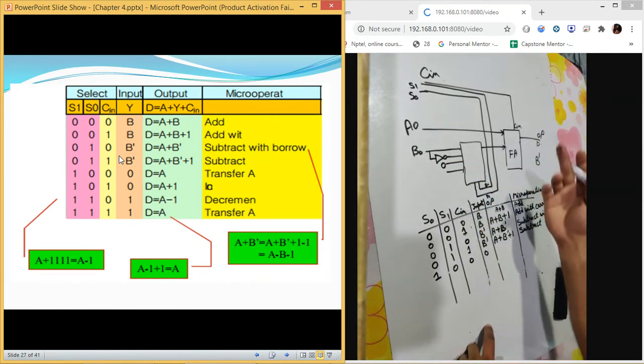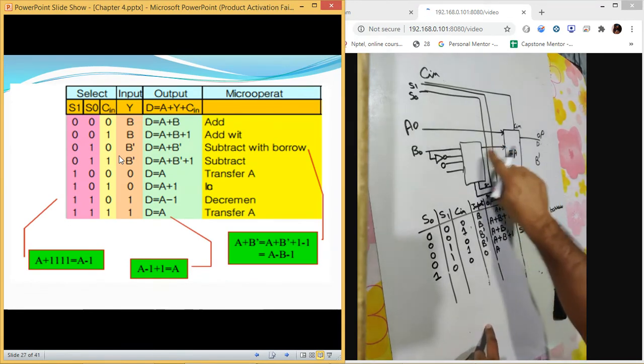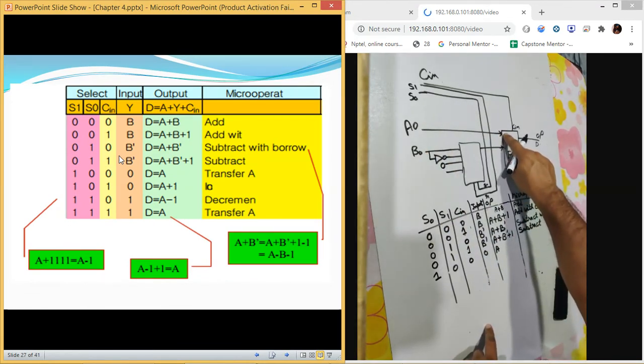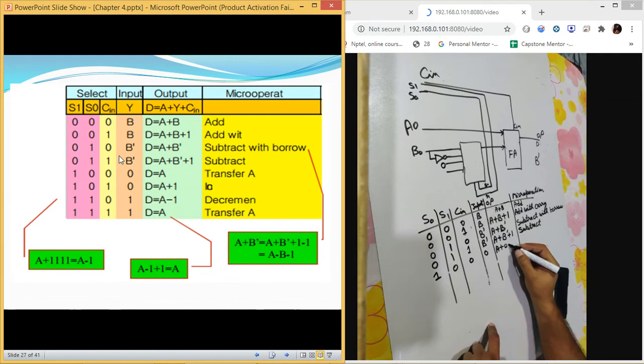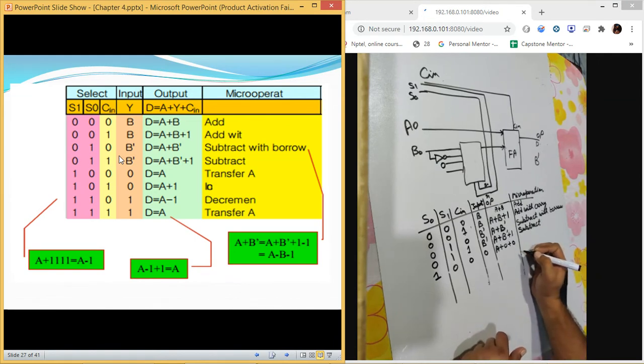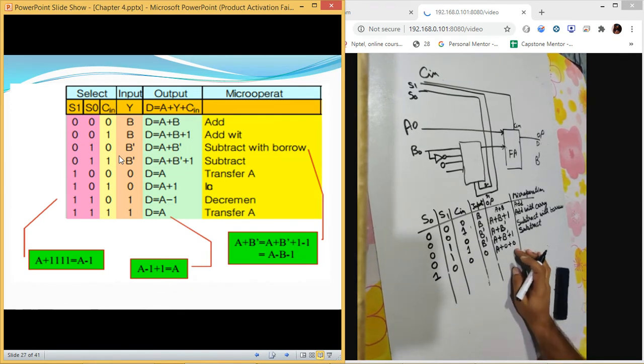So what operation will be performed? It is A, because from here we will get the value of A. From here we will get the value of B as 0, and from here we are going to get the value of B as 0 as well. So it is simply the value of A only, because A plus 0 is nothing.